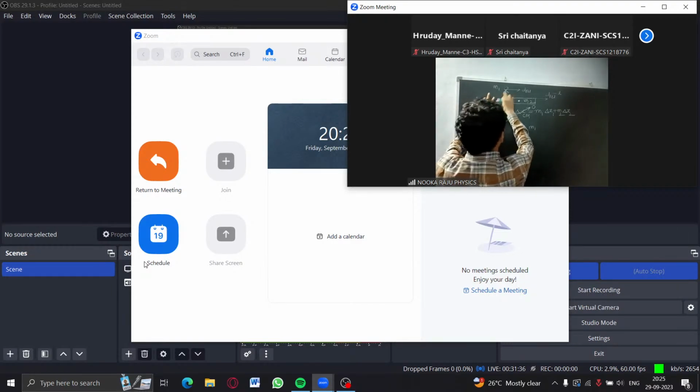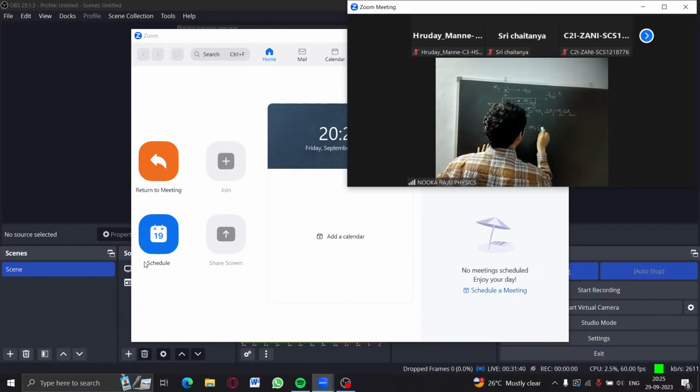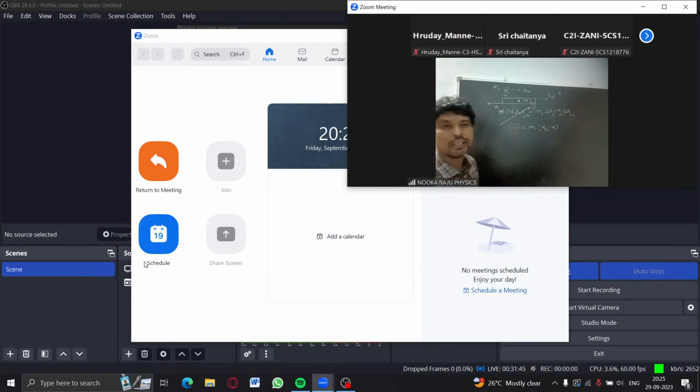Delta x1 means the boy's displacement, so D relative minus x. We already discussed in the previous class what D relative is: the relative distance between the plank and the man.